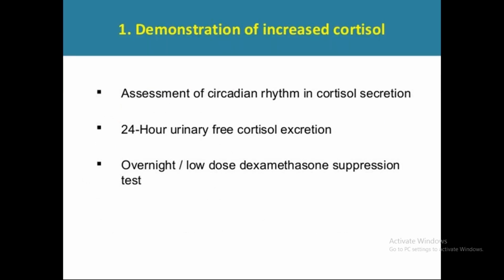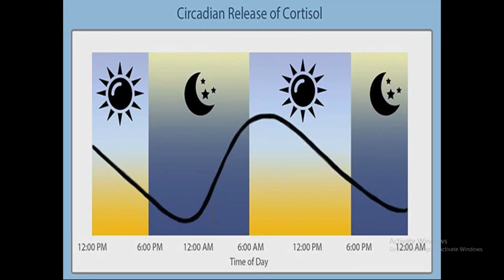The first test is the assessment of the diurnal rhythm, the circadian rhythm in cortisol secretion, because as all of you are aware, the release of cortisol varies. From previous day 6 p.m. to the next day morning 6 a.m., you can appreciate a very low level of cortisol, and the cortisol level slowly rises and reaches the maximum between 8 and 12 in the morning.